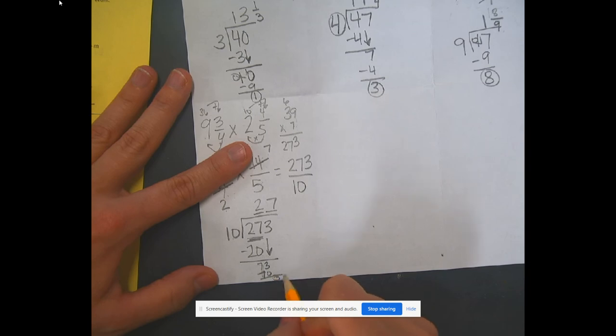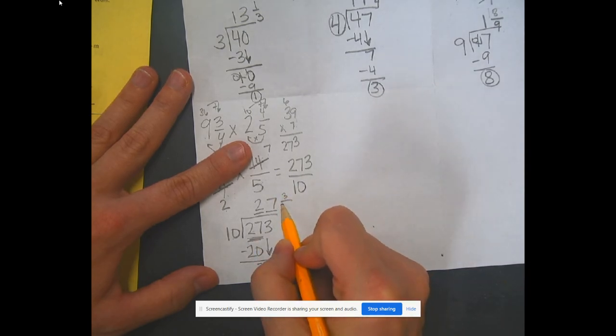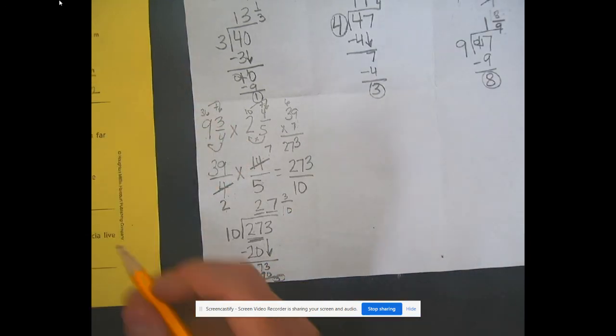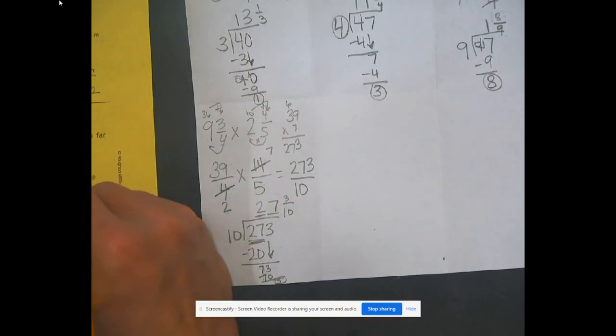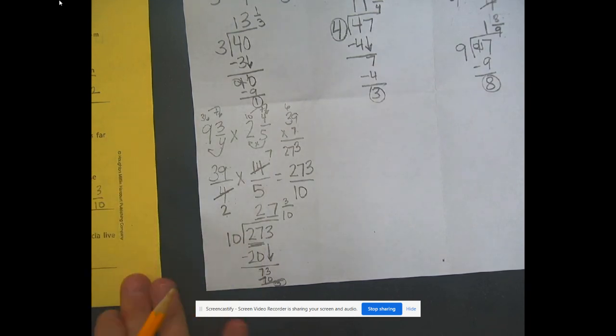So that 3 becomes my numerator, and my denominator is good. So it equals what? 27 and 3/10. So how many miles does Miss Garcia live from her sister's apartment? Good. 27 and 3/10 miles.